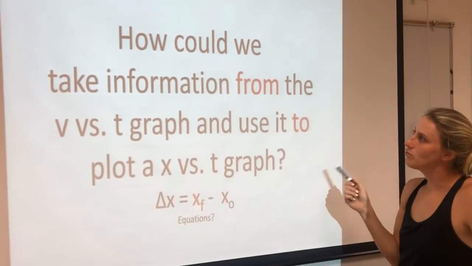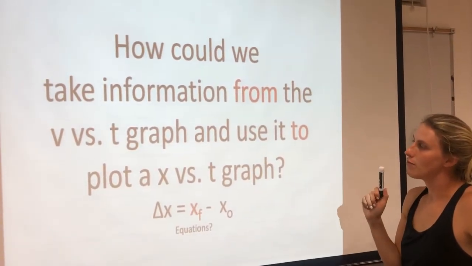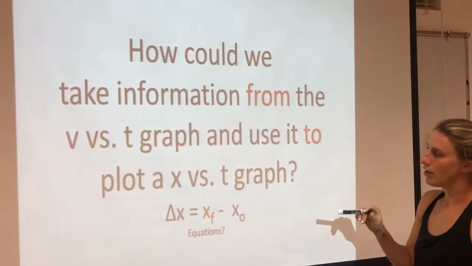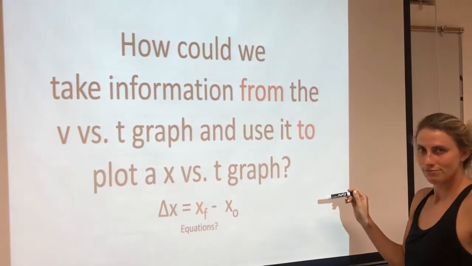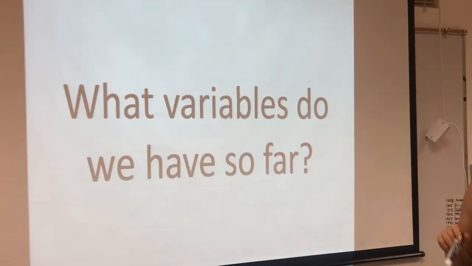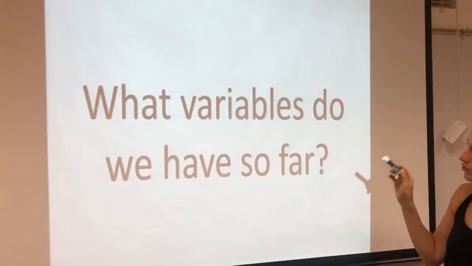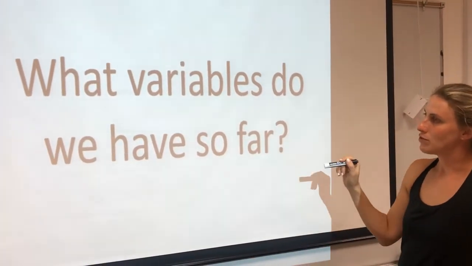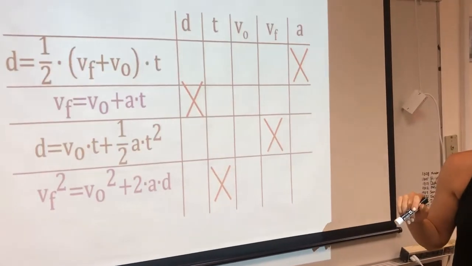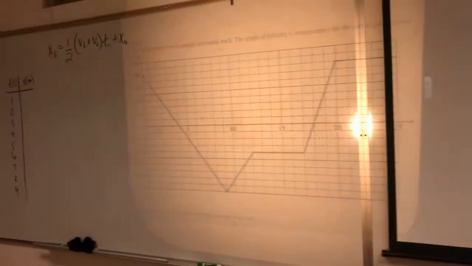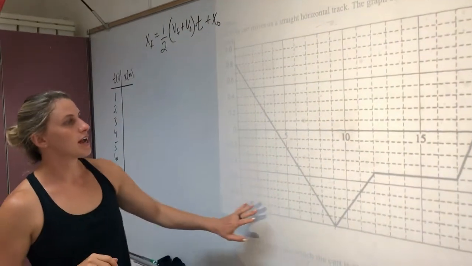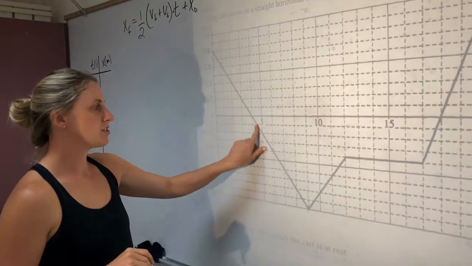So how could we take information from the velocity versus time graph that we've been working on and use it to plot a position versus time graph? In order to figure out how to do this, we need to think about what variables we have so far. On our velocity versus time graph, we have the slope of the line, which is the acceleration.